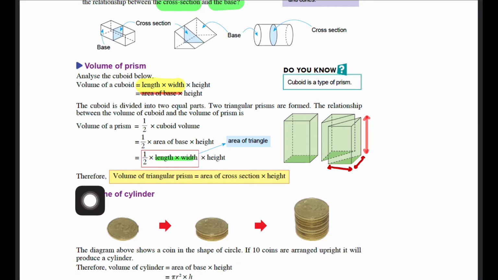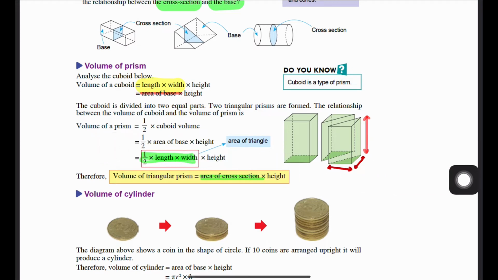Therefore, the volume of a triangular prism is equal to area of cross-section times height, where the area of cross-section is this part, the triangle. So this is the formula for the area of a triangle, multiplied by the height, to get the volume.